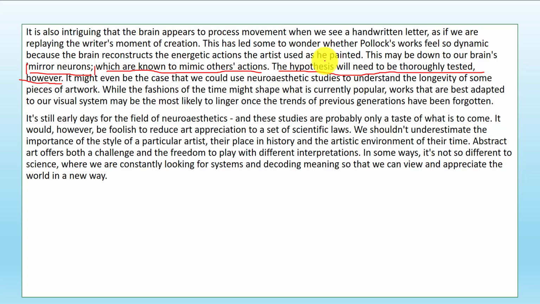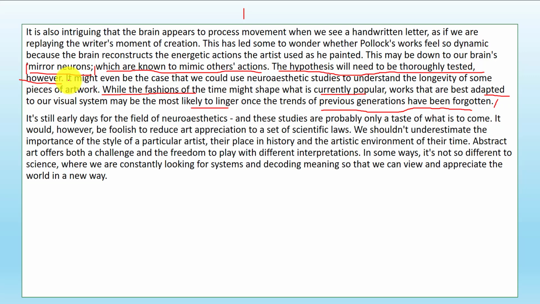It might even be the case that we could use neurostatic studies to understand the longevity of some pieces of artwork. While the fashions of the time might shape what is currently popular, works that are best adapted to our visual system may be the most likely to linger once the trends of previous generations have been forgotten.